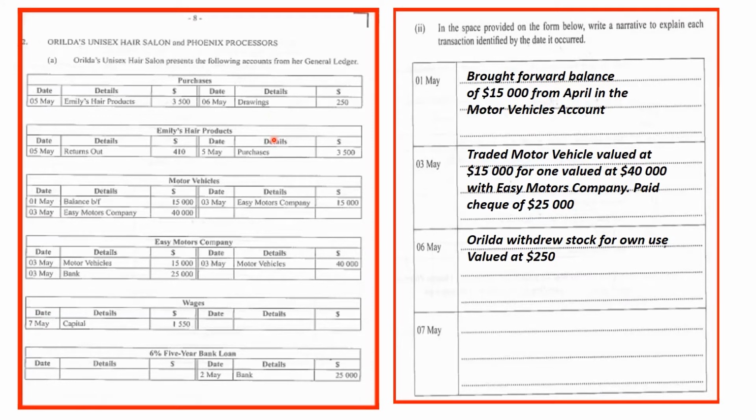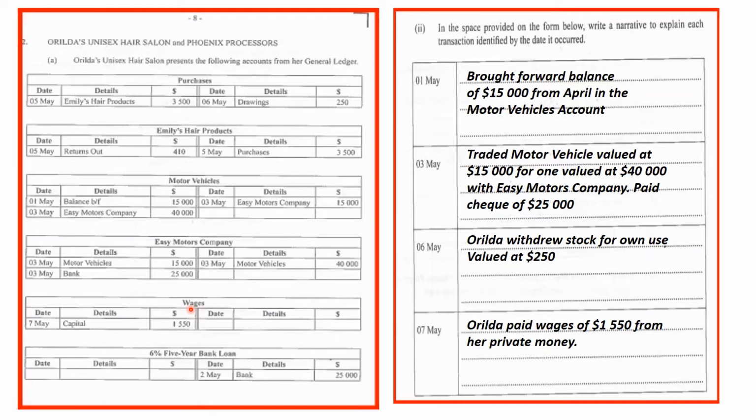And on May 7th, we have capital of 1550 in the wages account. So it means Orilla paid wages of 1550 from private money, so we have to put it in as capital in the business, and also record the wages expense.